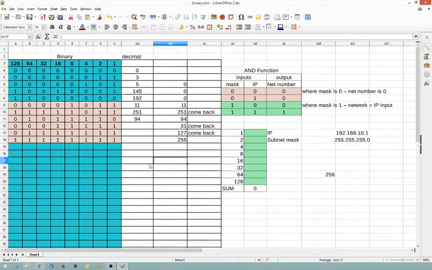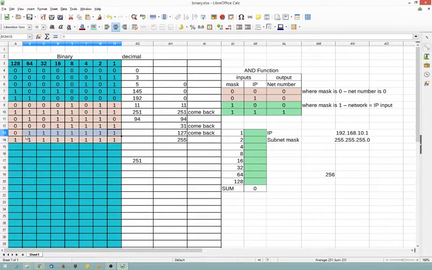So I'll put the calculation down here: it equals 255 minus the bit that we don't have, which is the 4 value bit. And there it is, equals 251. So it's another way of working out your values.